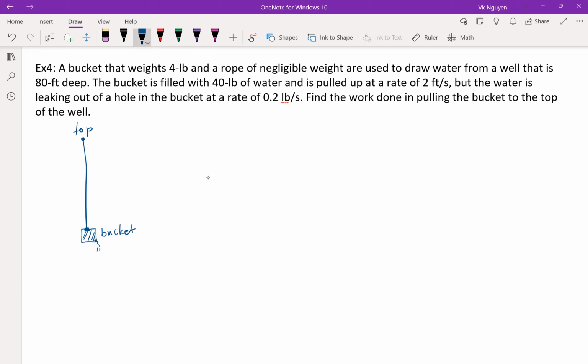Water's leaking out at a rate of 0.2 pounds per second. And then the bucket is moving up at a rate of 2 feet per second. Okay. Here's 80 feet.